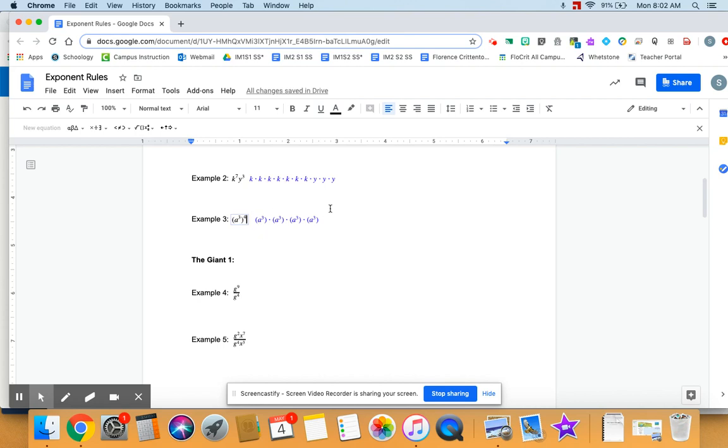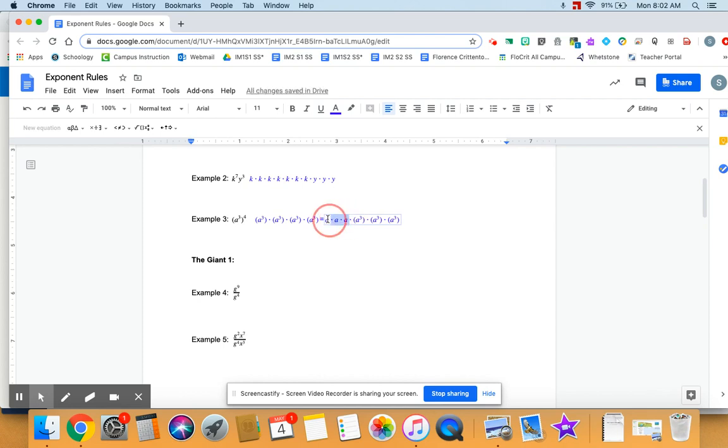But then each one of these a to the power of 3's becomes a times a times a. I'm going to get rid of the parentheses because it just means multiply. I don't need to have it twice.